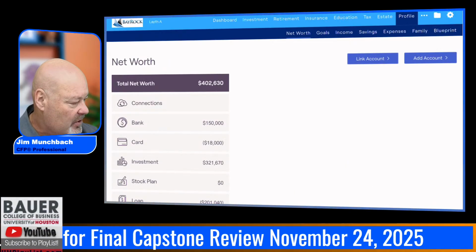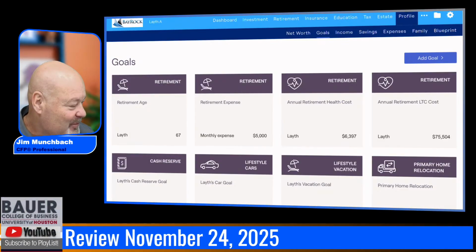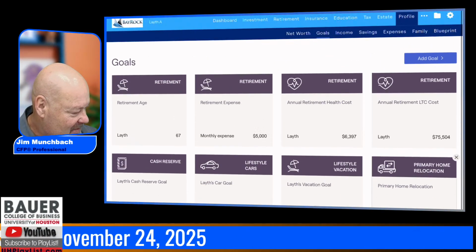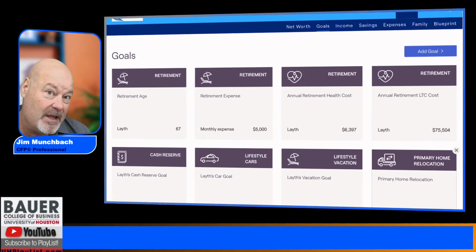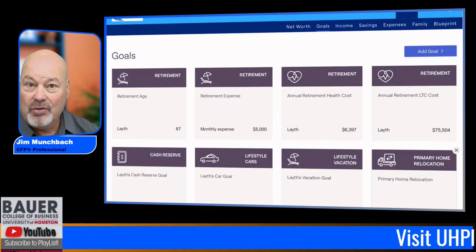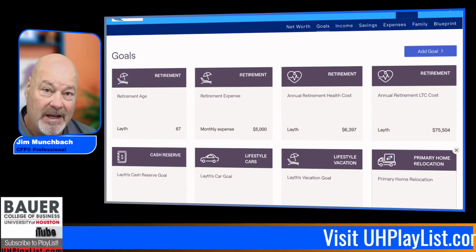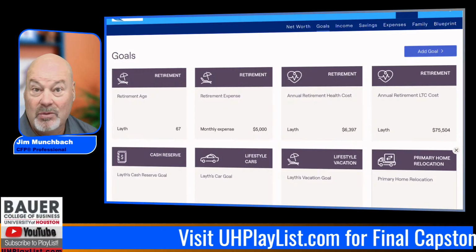So we looked at net worth. Let's look at goals. Whoa, here probably will be an answer to some of our questions. Now, I'm looking at a lot of goals here, and frankly, during the course in the semester, as I led you through the process of building your financial plan, there were a couple of goals I wanted you to focus on. One was retirement.